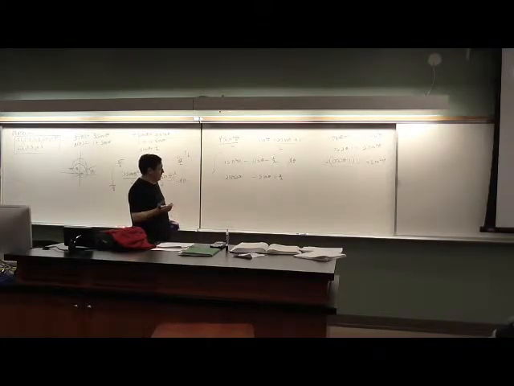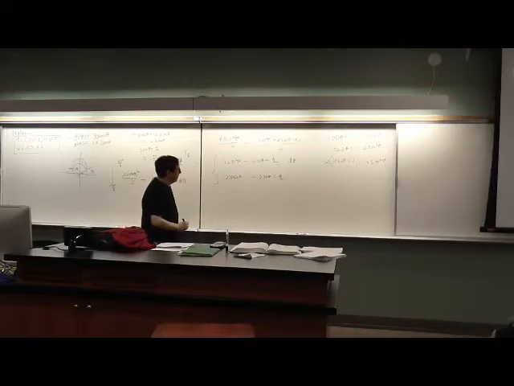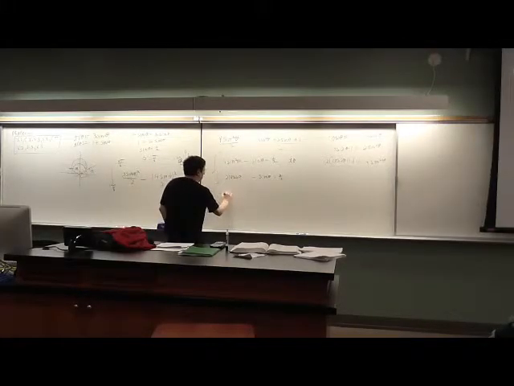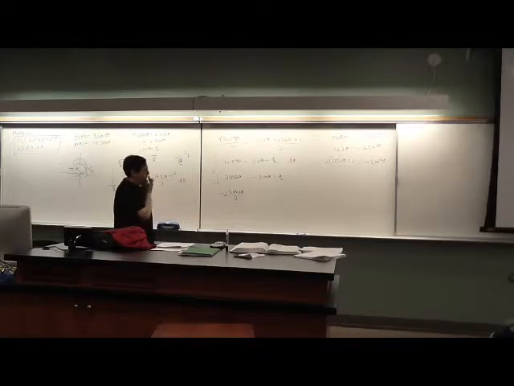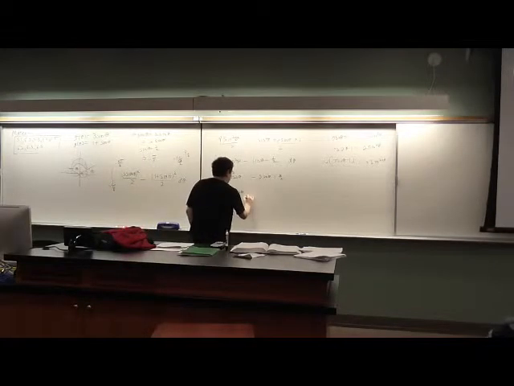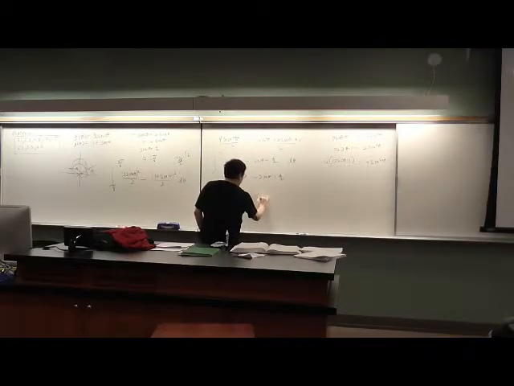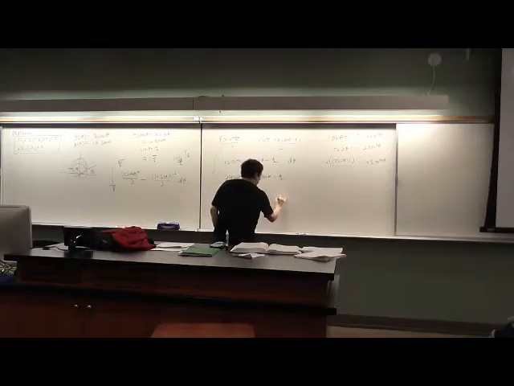Now we have to find the antiderivative, right? We're still in an integral here. So this is -2 sine 2 theta over 2, minus cosine, so plus cosine theta, plus 3 theta over 2.